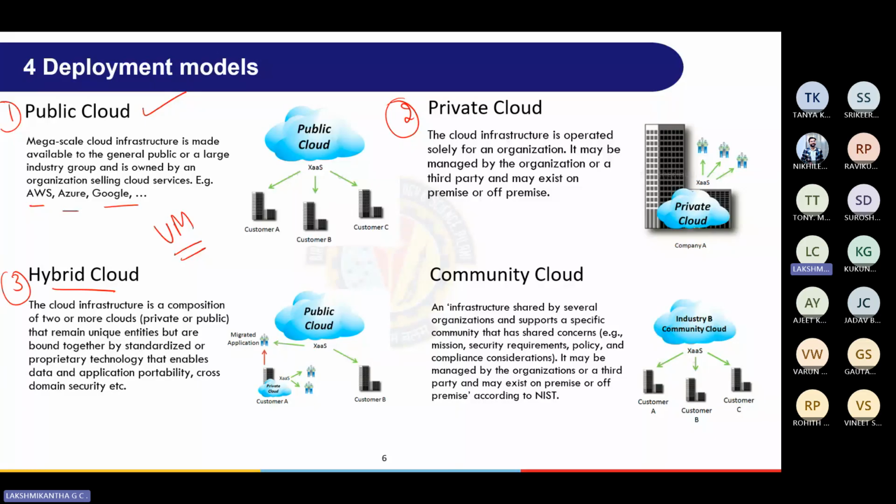These clouds remain unique entities, but are bound together by standardized technology that enables data and application portability. An example is a company that runs its sensitive customer data processing on a private cloud, but uses a public cloud to host its burstable, high-traffic website during sales seasons. They connect the two securely. That is called hybrid.